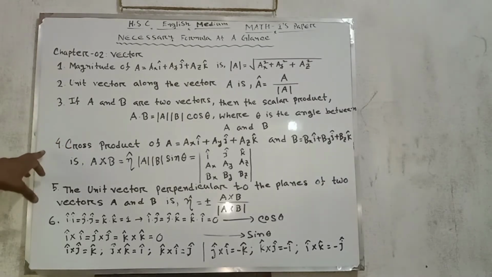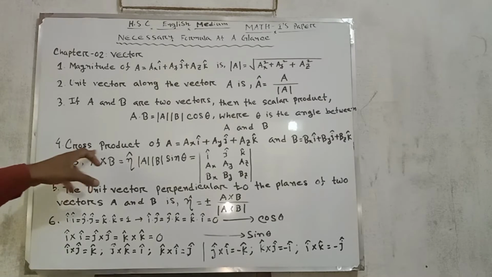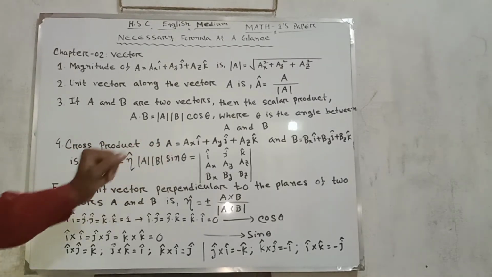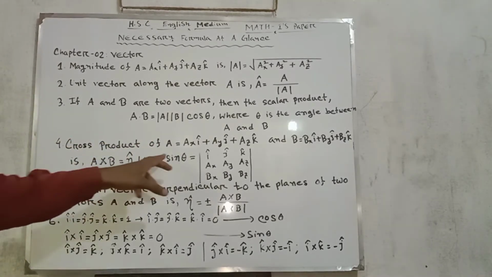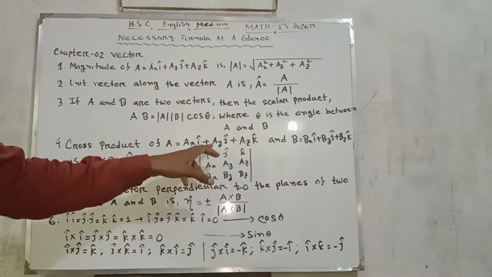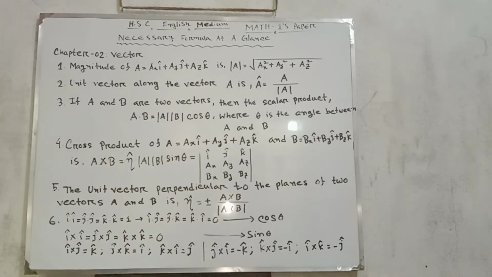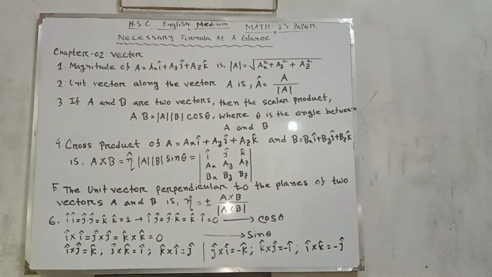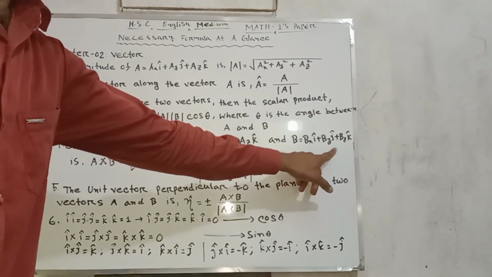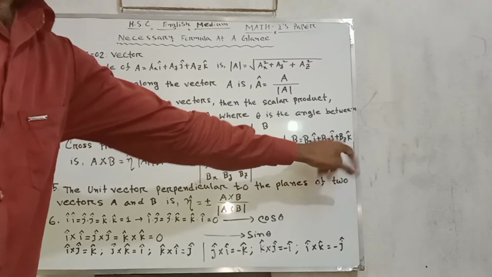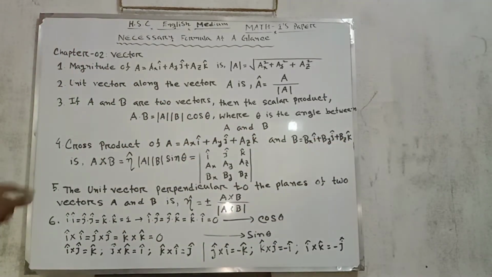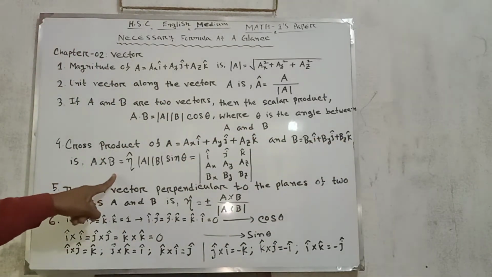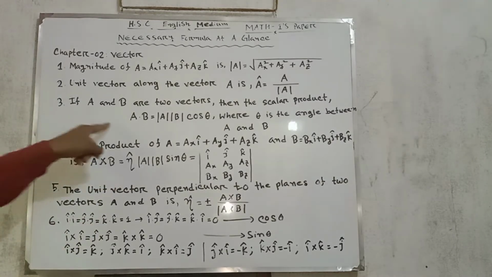Next formula 4, cross product. A equals AxI plus AyJ plus AzK, and B equals BxI plus ByJ plus BzK. A cross B is a vector.